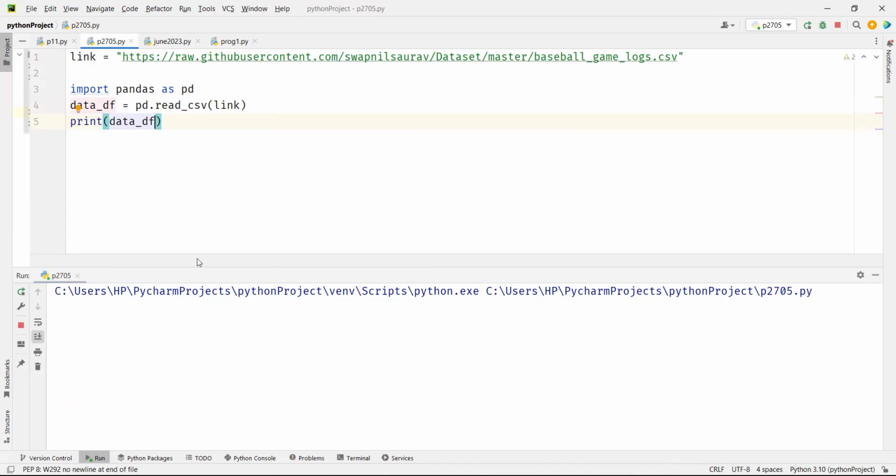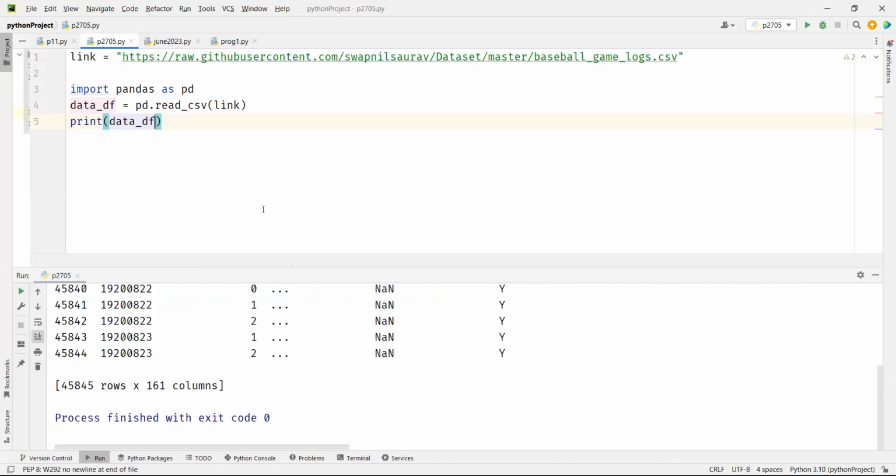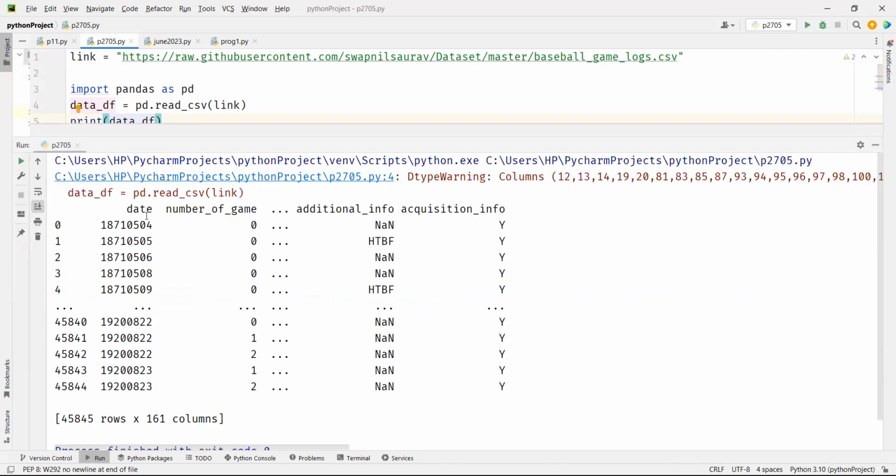It is a big file, right? It has to read from the internet source, and then you can see the output here. When you have more than five rows, it'll show you the first 5 and the last 5. This is the date in numeric format, and this is the number of games.